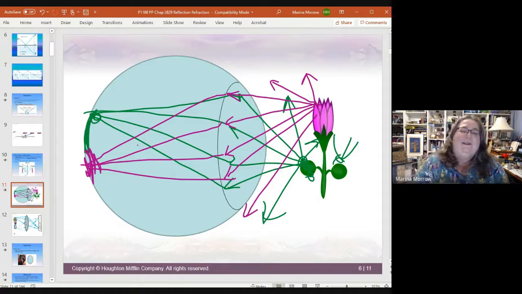Anyway, so we learn to take light that is spreading out from a point, and it's focused on the back of our eyes, and our brain figures out where that is by tracing back the beams of light, basically. All right, so what does that have to do with this picture?